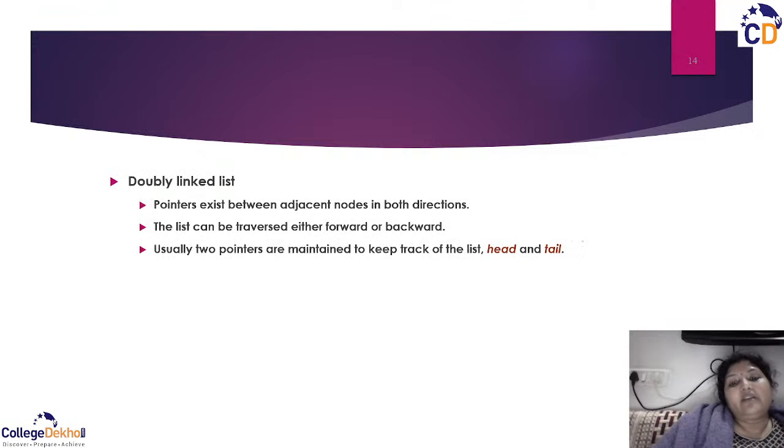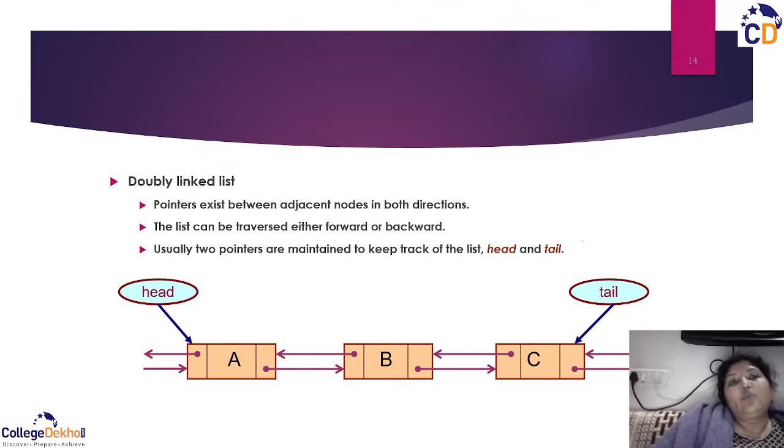In a doubly linked list, a node has three parts, whereas in a singly linked list you have observed that we have only two parts. One is the value or information.